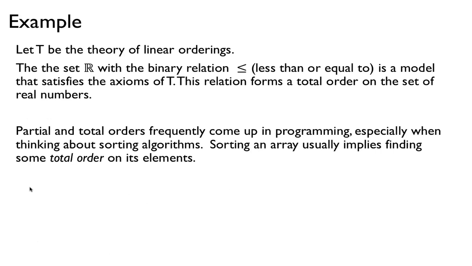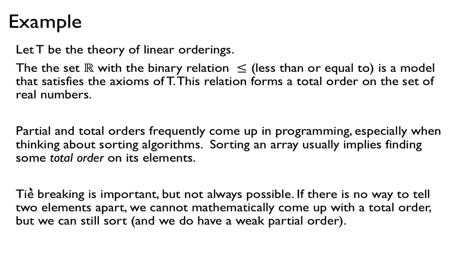Partial and total orders are also important in programming. For those who are CS majors, especially with sorting algorithms, sorting an array, for example, usually implies finding some kind of total order on the elements. So for example, you have a set of prices and we want to order objects based on price.